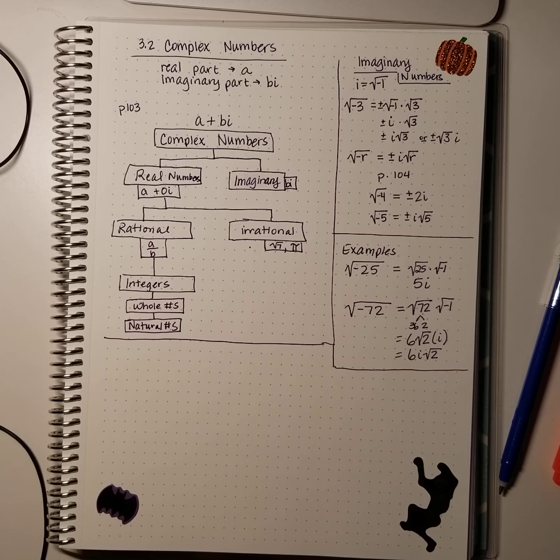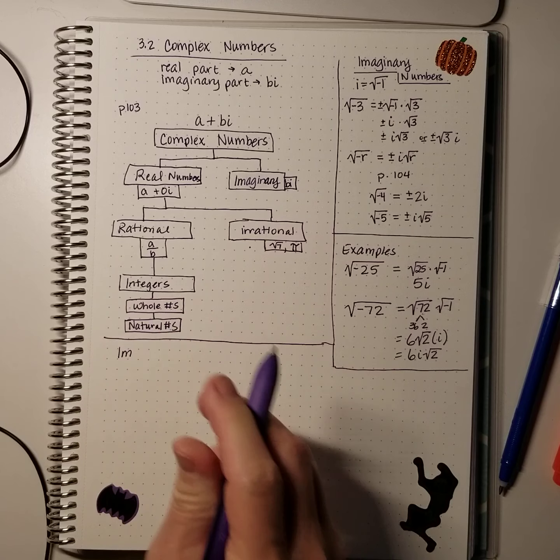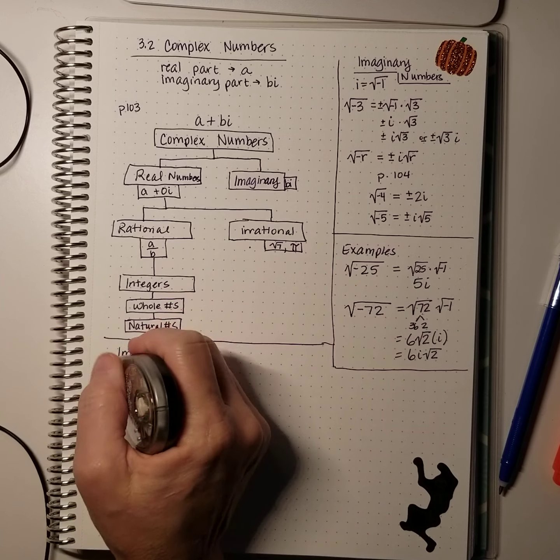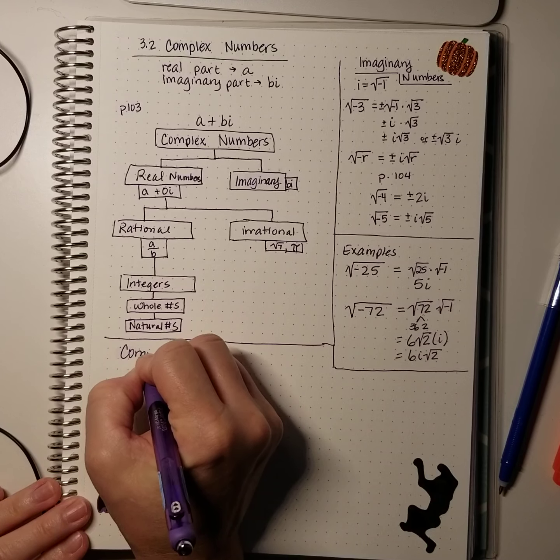Next, we'll talk about examples of complex numbers.